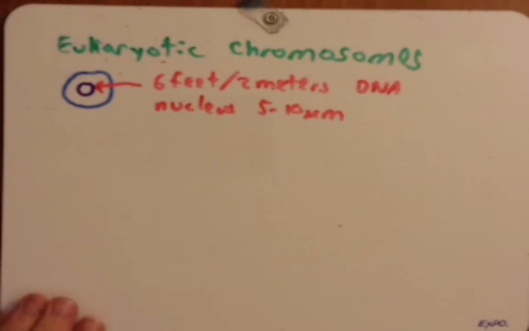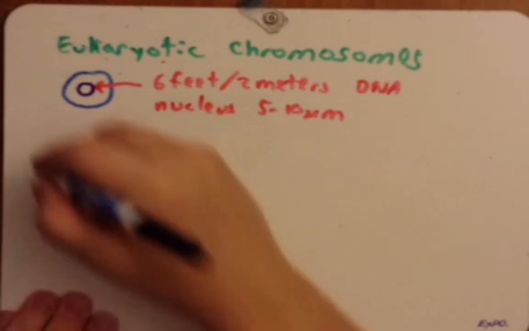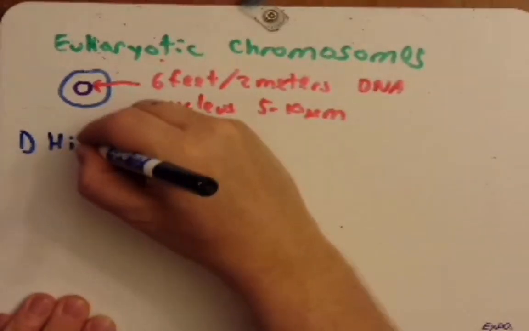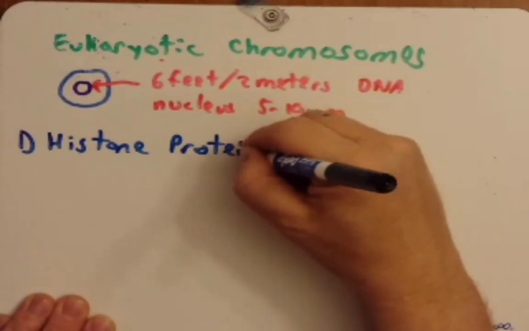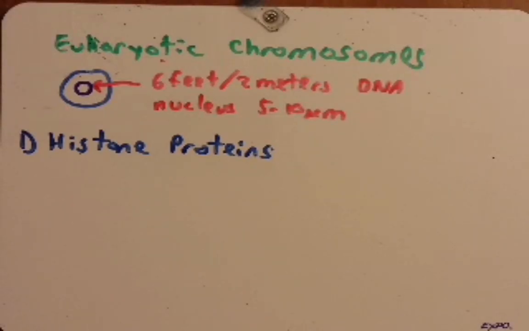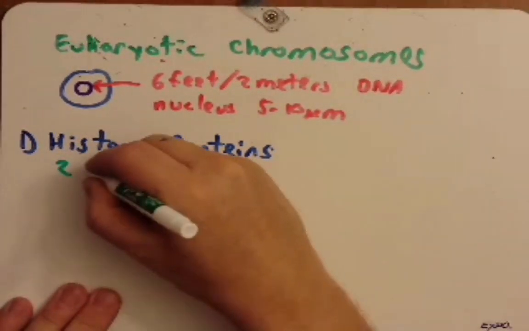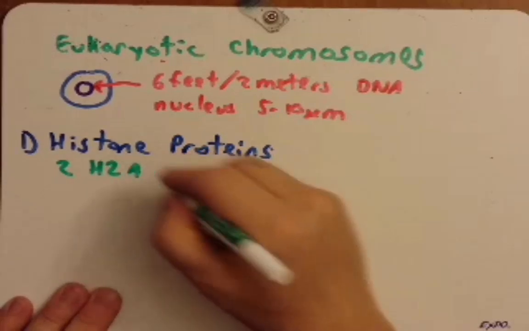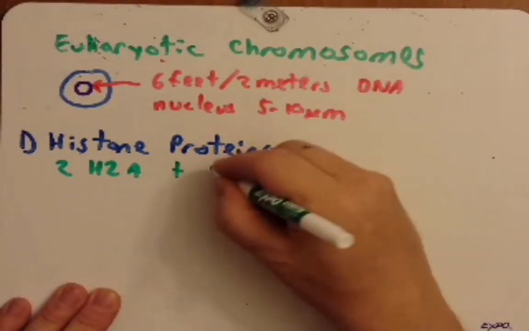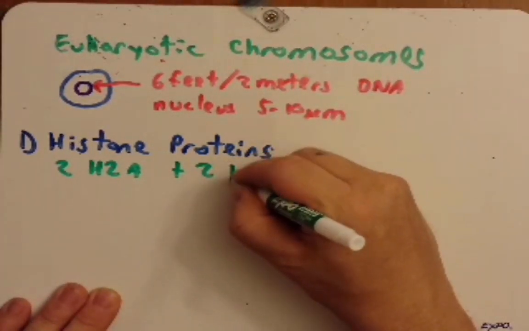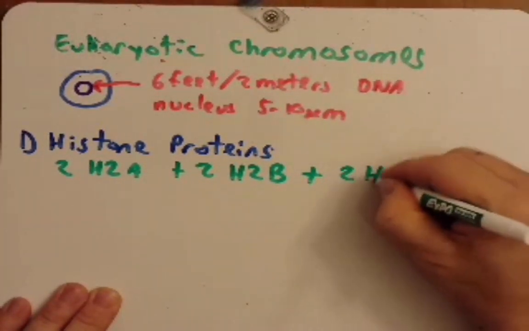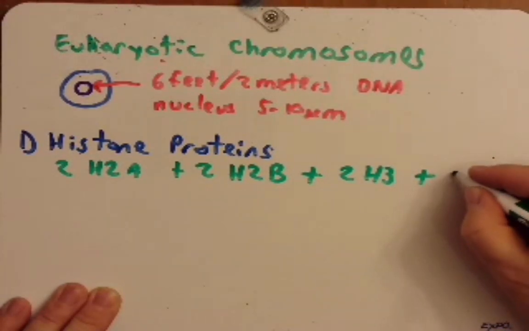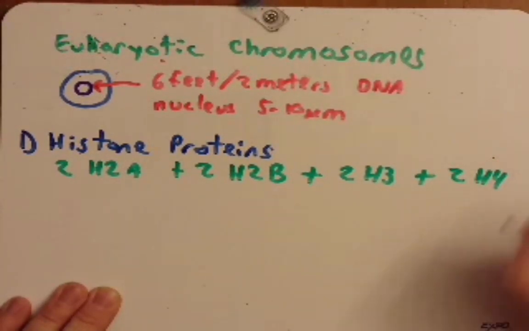This first layer of packing involves proteins called histone proteins. And there are typically 9 histone proteins involved in this. We have 2 H2A, which stands for histone 2A proteins, plus 2 H2Bs, plus 2 H3, histone 3 proteins, plus 2 H4 proteins.